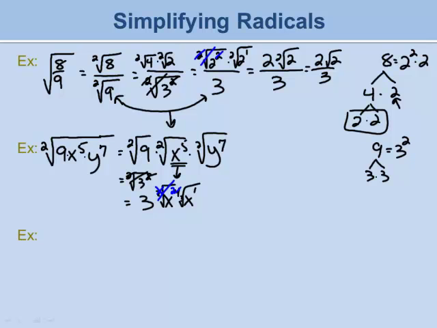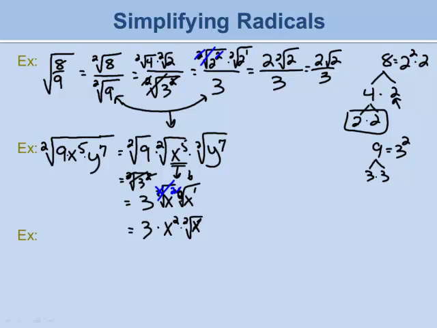And so now we have x squared, after we simplified that. Now here we've got the square root of x to the first. Our power is less than their index, so there's nothing more we can do there. We'll just leave that as the square root of x to the first, or the square root of x.